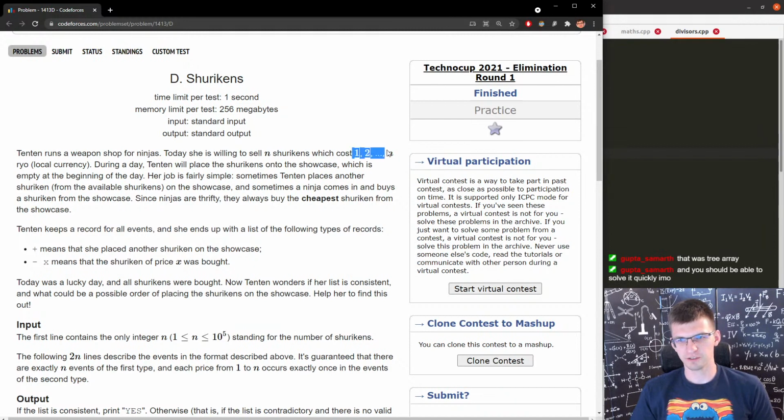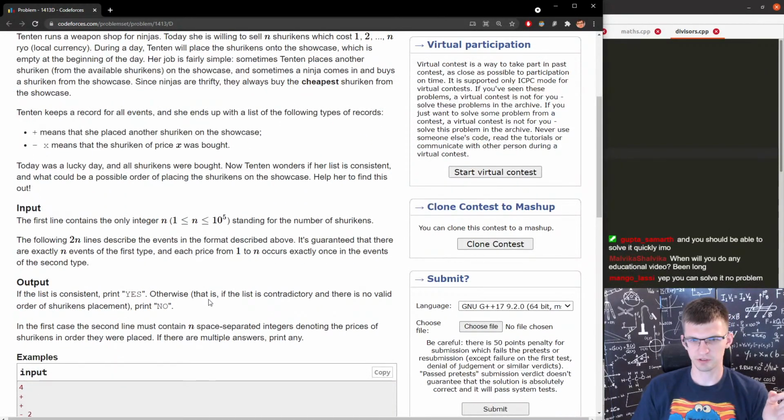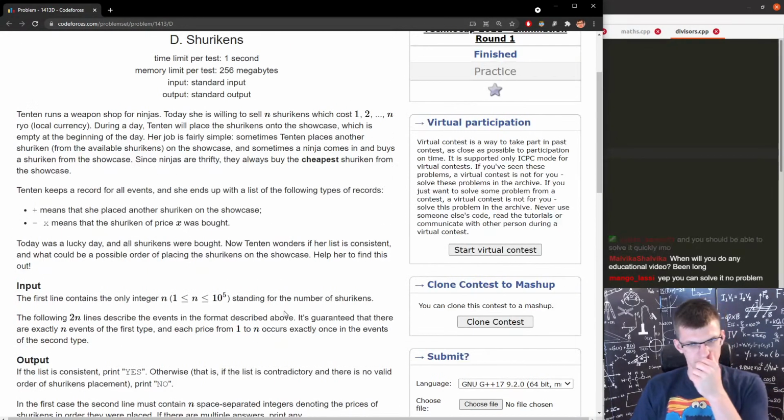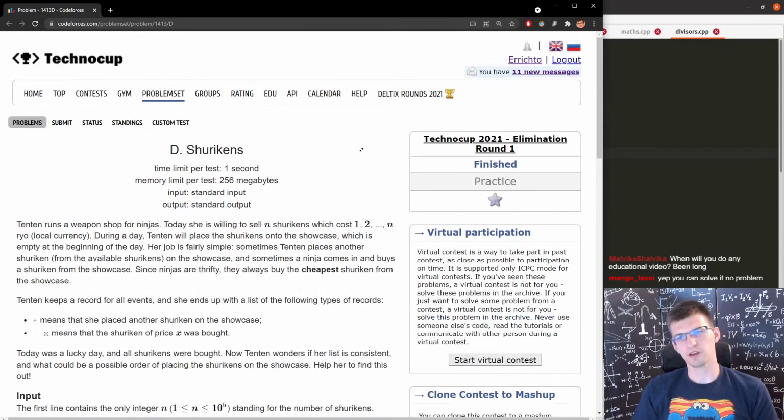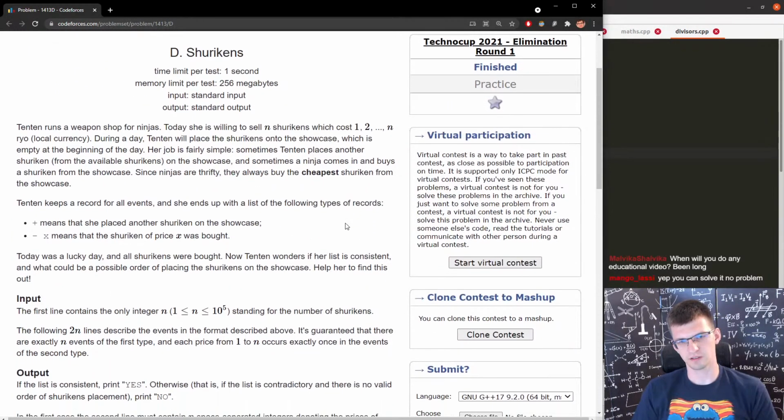We take one of those values and we put it on the showcase. Somebody comes and takes x, and x at this point must be the cheapest. Is this consistent? We need to say yes or no, and also reconstruct what was exactly happening. Right, so we take something else, then we see that 3 was cheapest. So for sure some of the previous events was free.